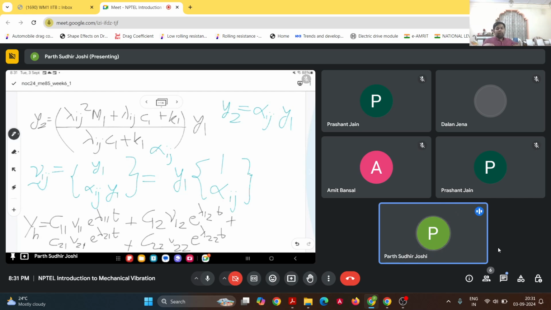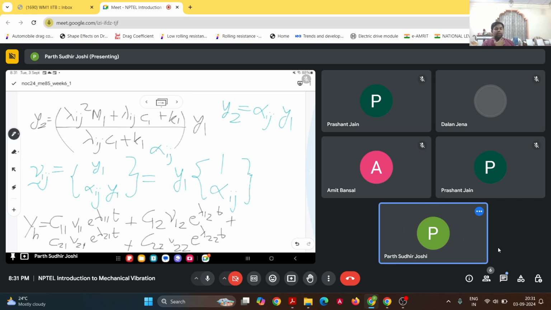If you remember for the single degree of freedom problem, we had a similar way of writing this solution for the homogeneous differential equation. So if you recall, what I told you is that V11 and V12 actually come out to be the same, and lambda 11 and lambda 12 are complex conjugates. So e to the power lambda 11 and e to the power lambda 12 again are complex conjugates.